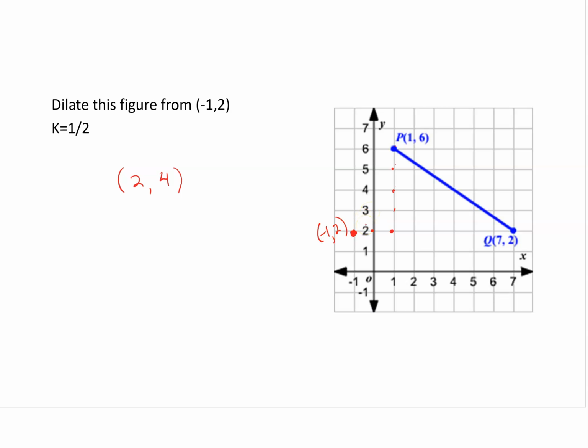I want it to be half that far, so I take these numbers and multiply them by a half. 1/2 of the current distance would become 1 and 2. So I want it to be 1 in the x direction and 2 in the y direction away. So this point now becomes right here, the point 0, 4.